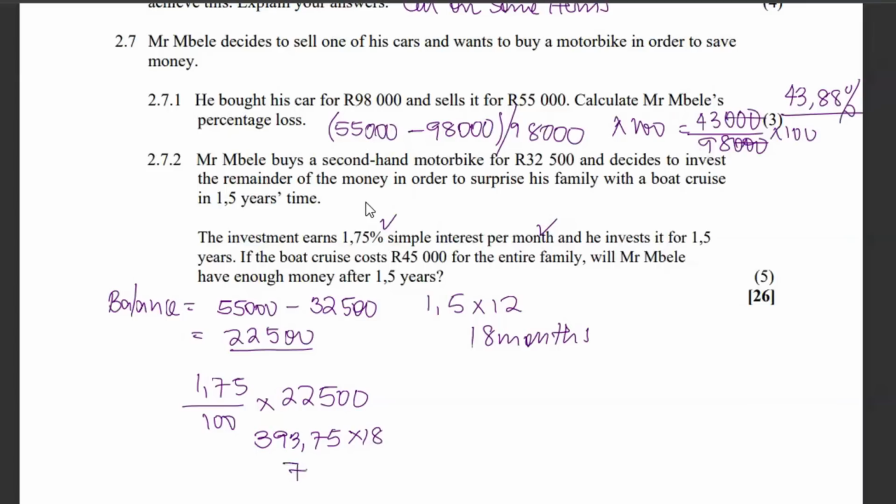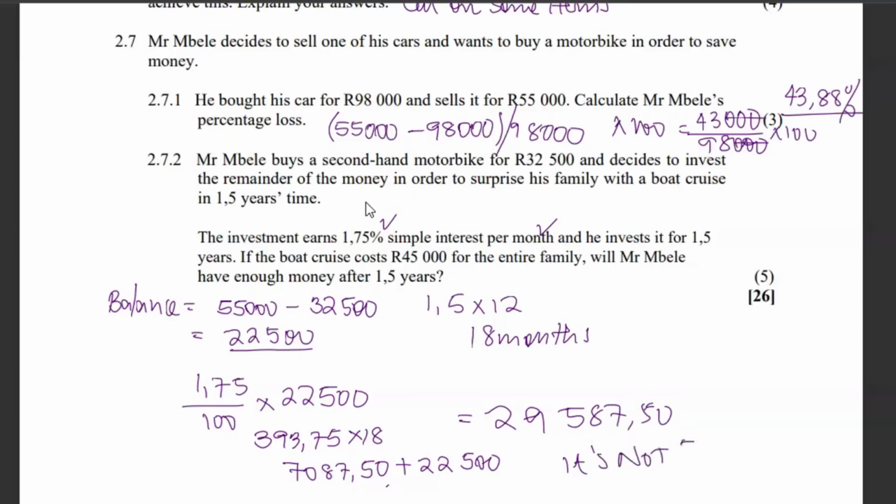For 18 months, he has 7,000, plus the money that he invested initially. So we have the answer as 29,587.50. Indeed, it's not enough. All right, that marks the end of question number 2.